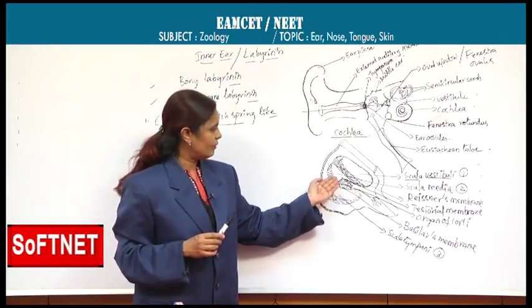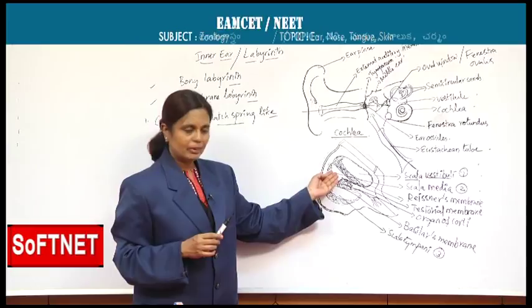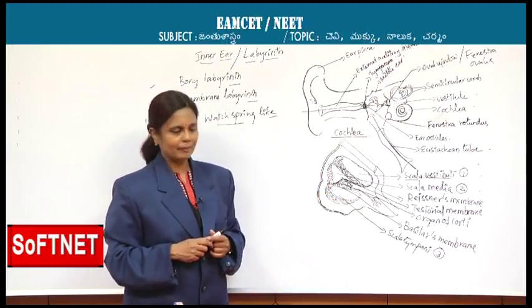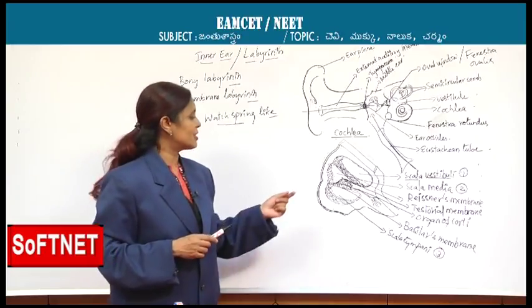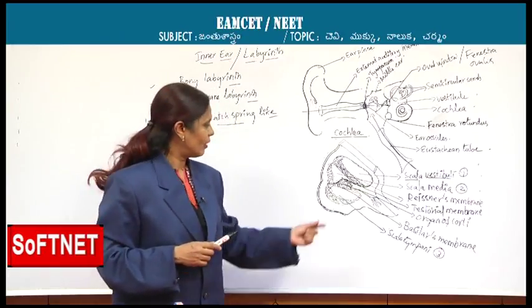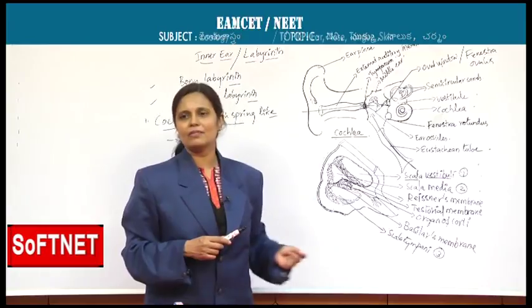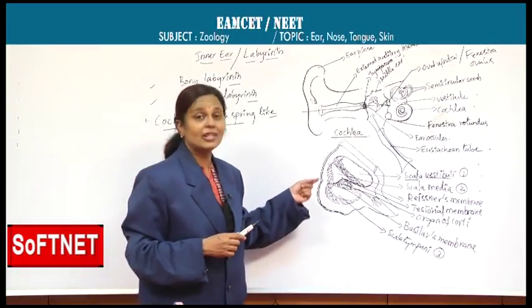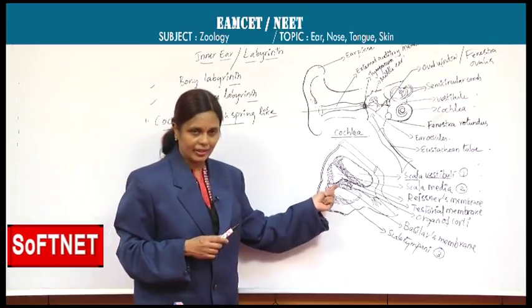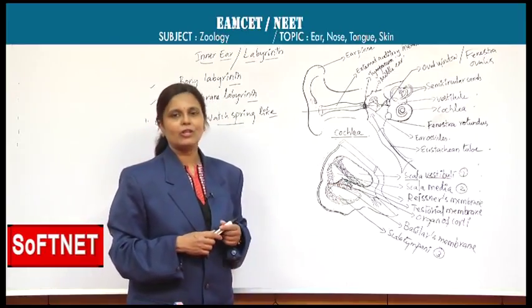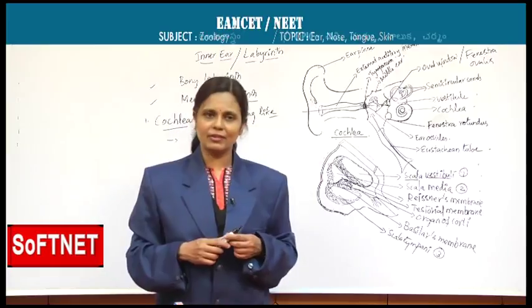The next thing is about Basilar membrane, which is separating media and tympani. On the Basilar membrane, there is a sensory ridge called organ of Corti.